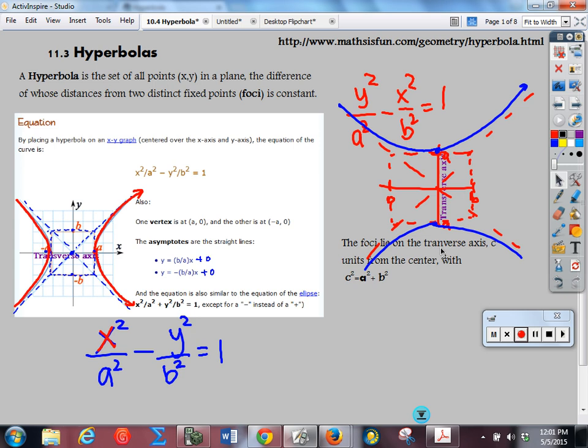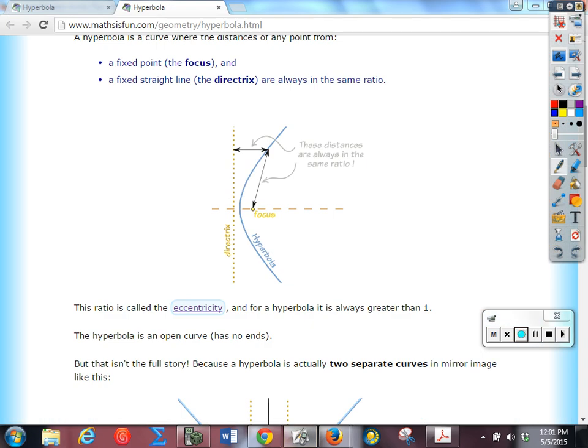Now on a hyperbola, instead of an ellipse, it's going to be c squared, which is the length out to the foci, that equals a squared plus b squared instead of subtract this time. So your c is somewhere out here. Because on the hyperbolas, the focus always opens up towards the focus right here.